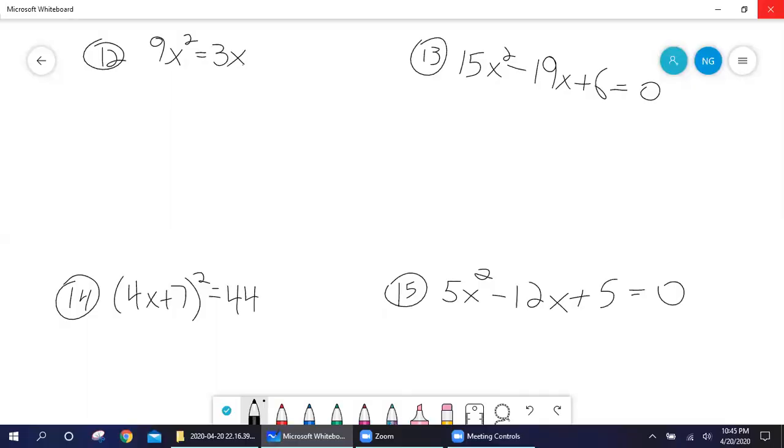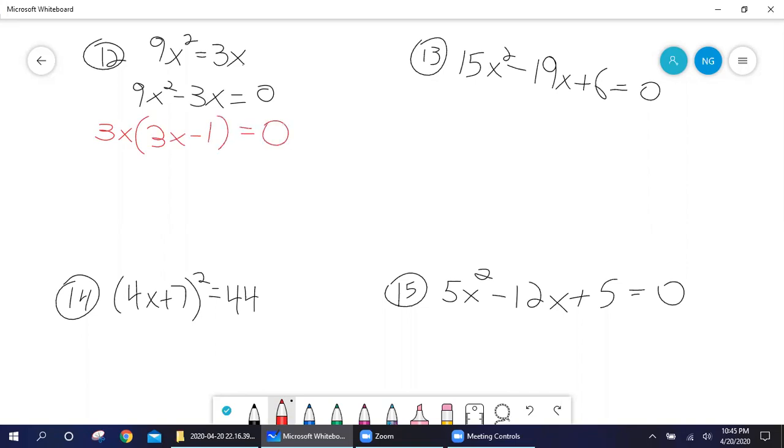For the next 4 problems, we are looking at some quadratics here. For number 12, I would first subtract the 3x over. So it equals 0. And now I can factor out a GCF of 3x from both terms. That would leave me with 3x minus 1.